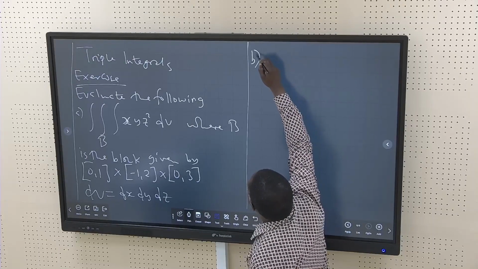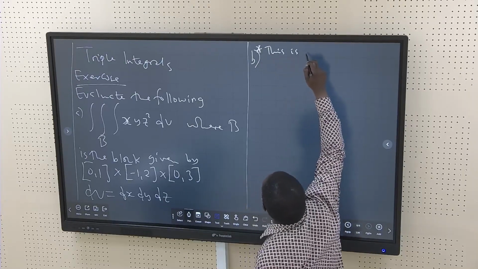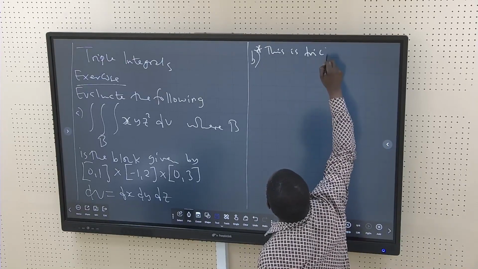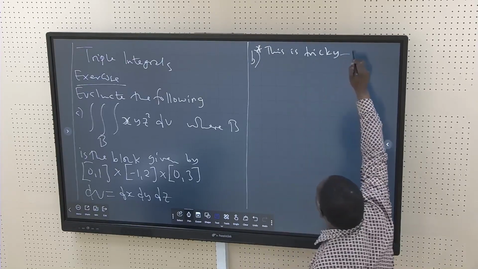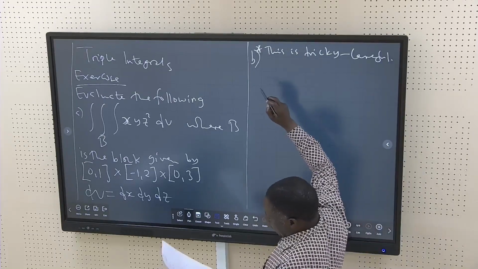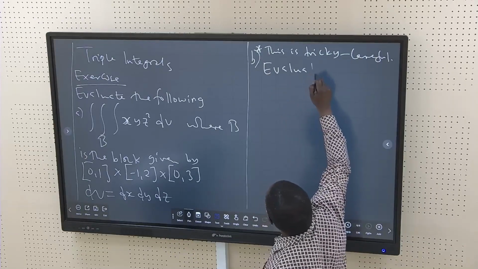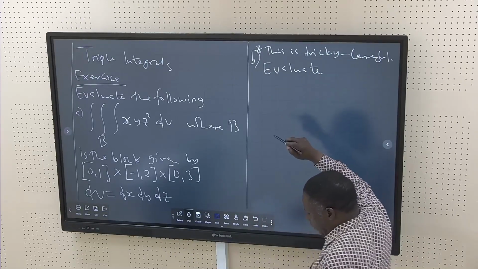This one is a little bit tricky, so you need to be careful here. It is simple, not very difficult.